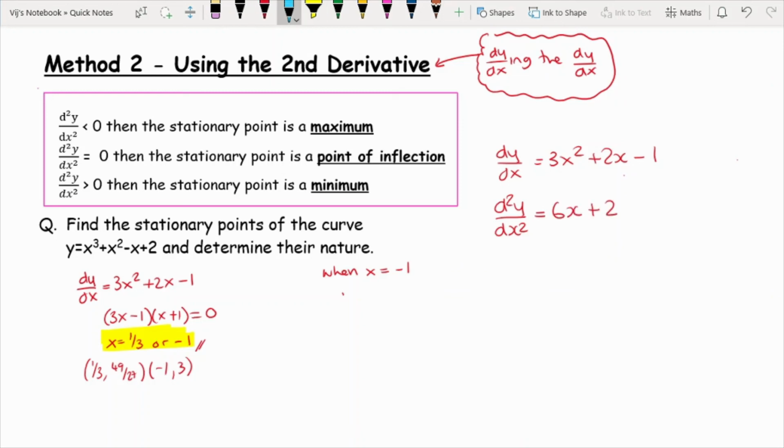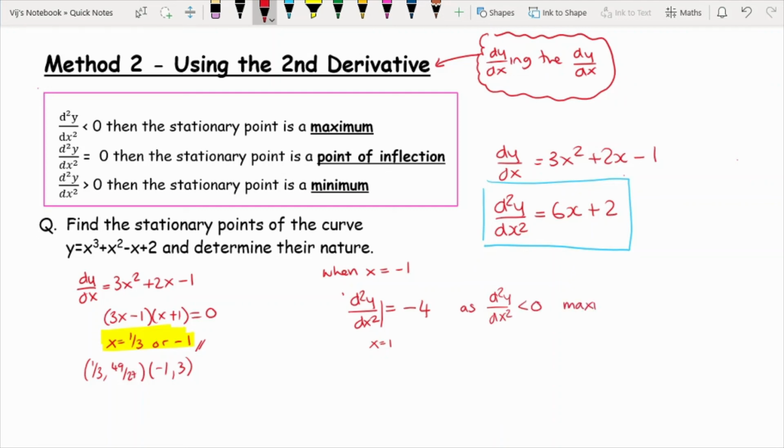Now this is my second derivative function, and again I've achieved that by differentiating the dy/dx. So when x equals minus 1, d squared y over dx squared is going to equal, when I substitute minus 1, minus 6 plus 2, which is minus 4. So as the second derivative is less than 0, that's going to mean a maximum stationary point.